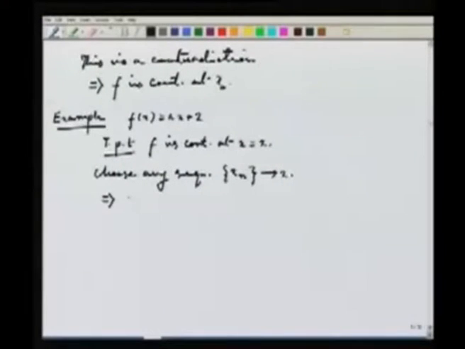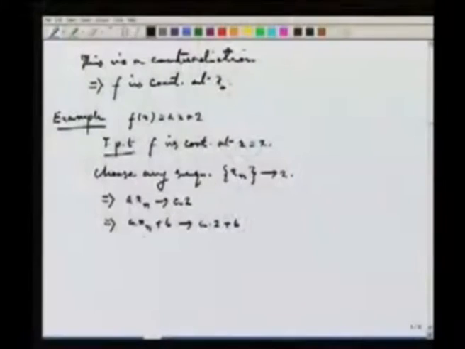I am going to use all those properties. Now I say that this implies that a times xn converges to a times 2. This again implies that a times xn + b converges to a times 2 + b. Here I am taking b as a constant sequence.